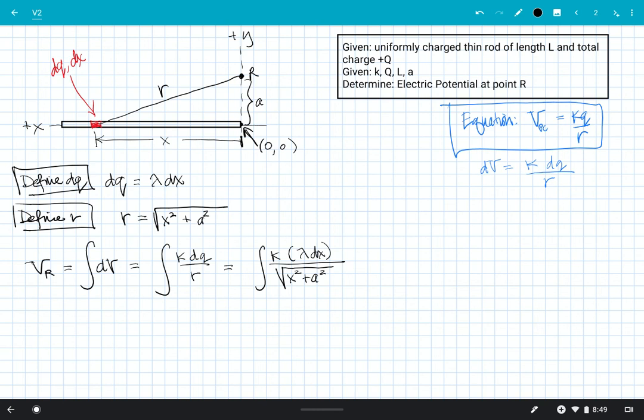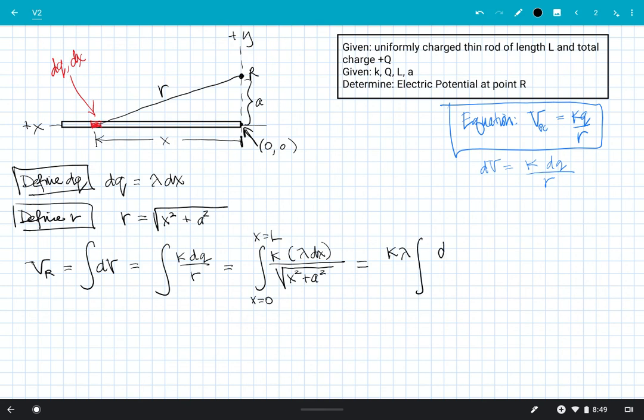And then bounds of integration here, I will be going from x equals 0, again, my coordinate system choice, to x equals L. Our bounds always go from the lower to higher value. That's something you probably took away from a math class. And I can rewrite this to simplify it slightly here. Pull out the k and lambda, which are constants.